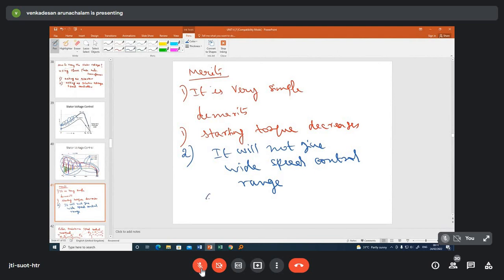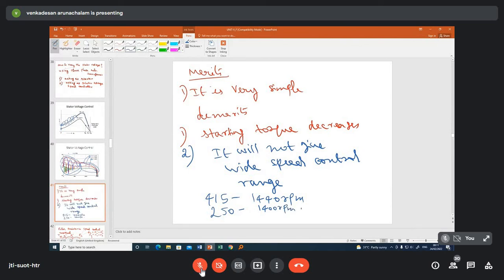Suppose, for example, for the voltage 450 volt, you are measuring the speed. Take the speed as 1440 RPM. You are just reducing the voltage to 250 volt. If you measure the speed, you will get around 1400 RPM.